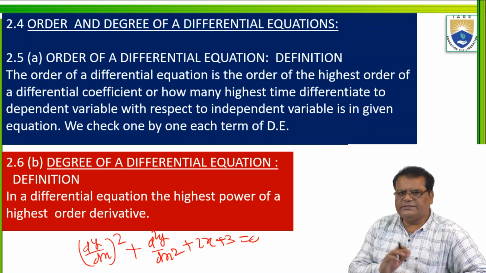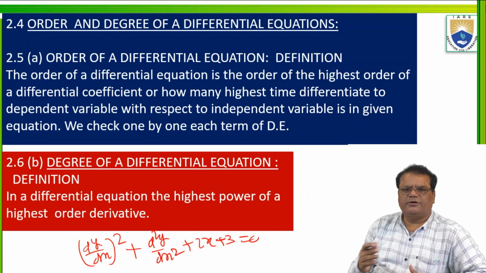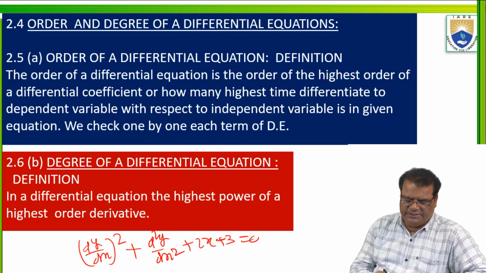That is very easy. First, we check the order. Order means in which term is the highest order derivative, the maximum time differentiation of y with respect to the independent variable x. So we see that the first term is only dy/dx. Here is one time derivative of y with respect to x.